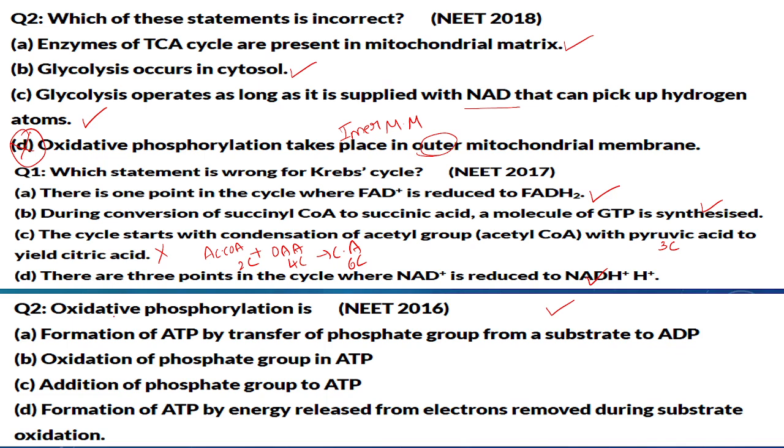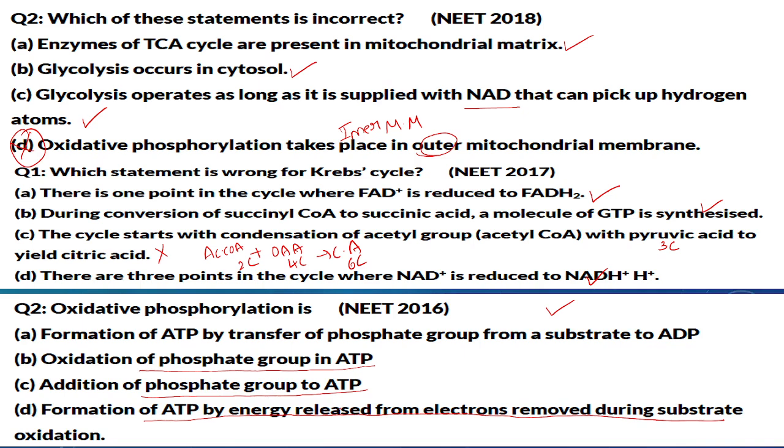Next question. What is oxidative phosphorylation? Formation of ATP by transfer of phosphate group from substrate to ADP. Oxidation of phosphate group to ATP. Addition of phosphate to ATP. Formation of ATP by energy released from electrons removed during substrate oxidation.